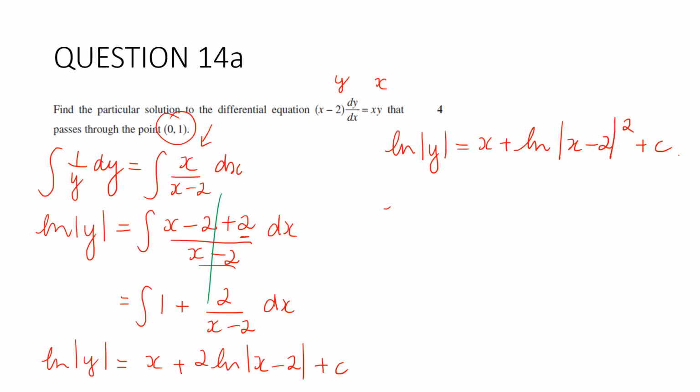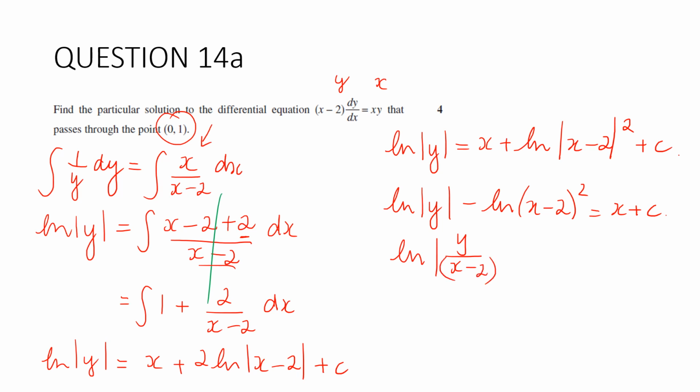So I've got ln y, take away ln (x - 2) all squared, is equal to x + c. And this becomes ln of y over (x - 2) squared is equal to x + c. All right, raise both sides as powers of e. So y over (x - 2) all squared will equal e to the x + c.